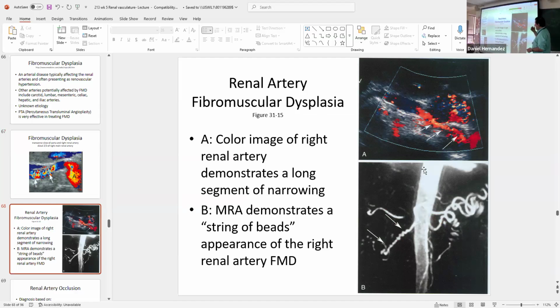They can also take a corkscrew appearance, so the vessel becomes very tortuous and almost takes on a corkscrew appearance. There's an MRI demonstrating the string of beads appearance that we see with FMD.